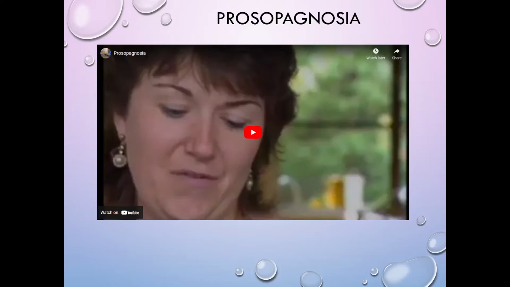When you have damage to that area, you literally can no longer recognize faces. In a really dramatic example of prosopagnosia, you may not be able to tell a face from other objects. So it's not just that you can't recognize who the face is, but you can't recognize that it's a face.